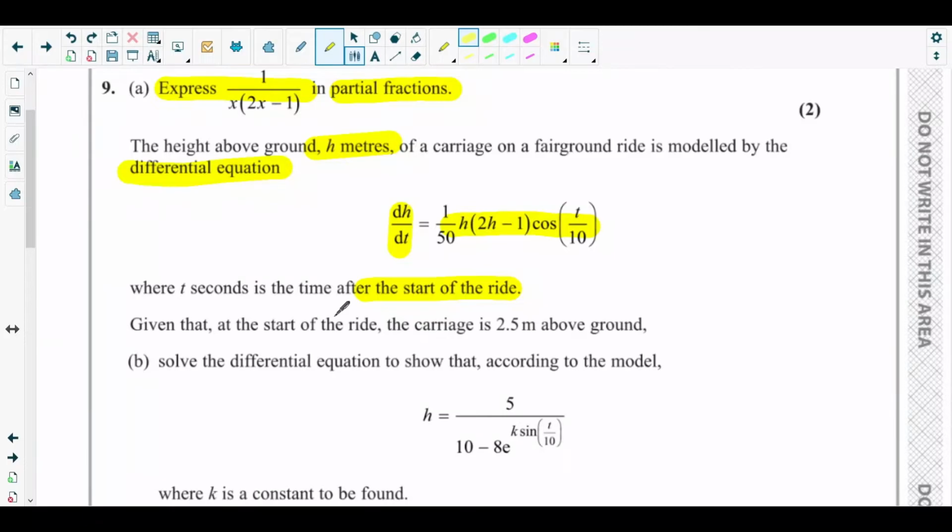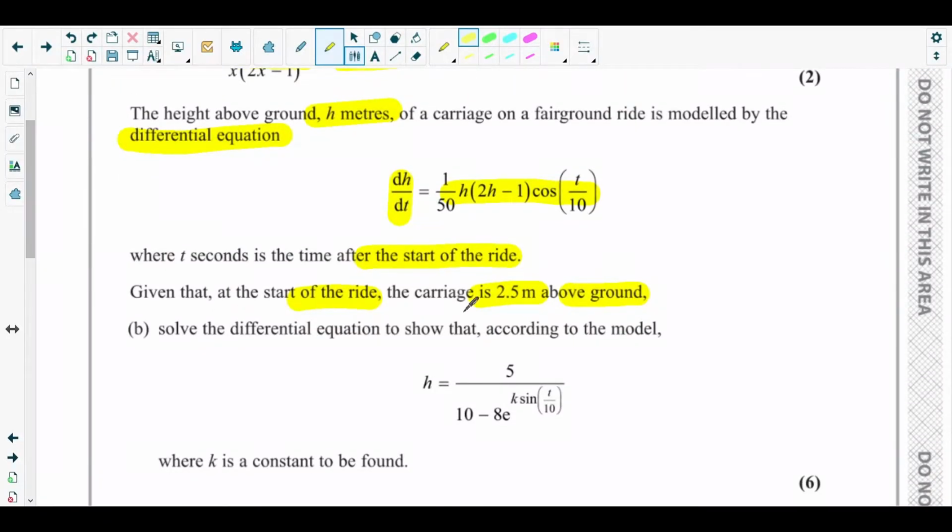Given that at the start of the ride the carriage is 2.5 meters above ground, part B asks to solve the differential equation to show that according to the model, h equals 5 over (10 minus 8e to the power k sin(t/10)), where k is a constant to be found. So we need to solve this differential equation.